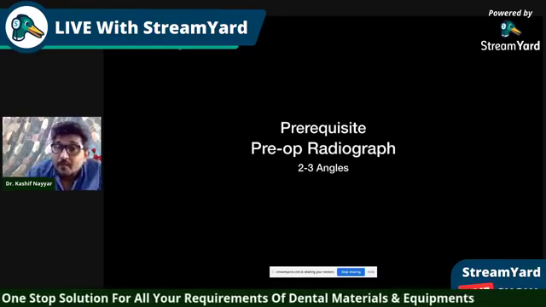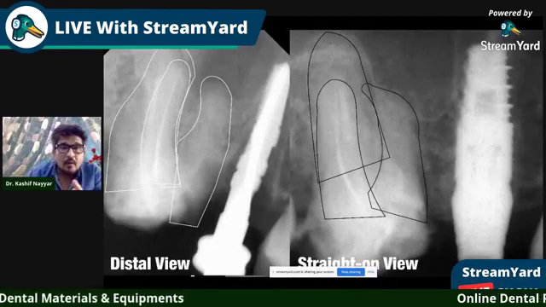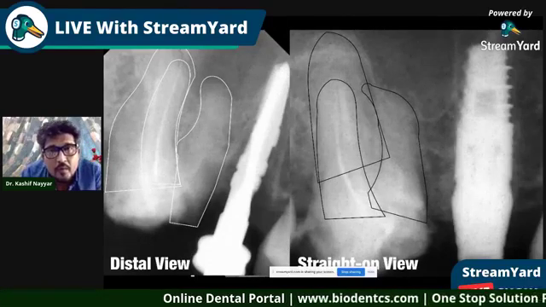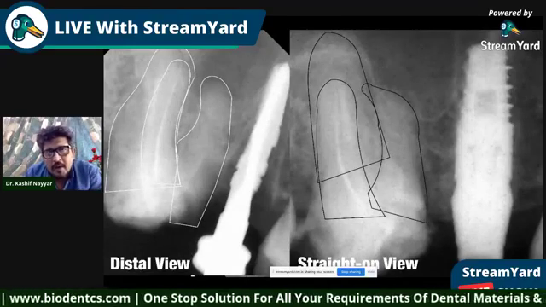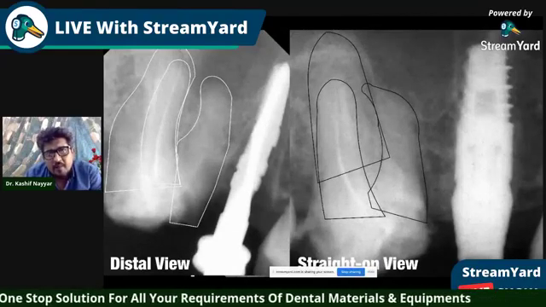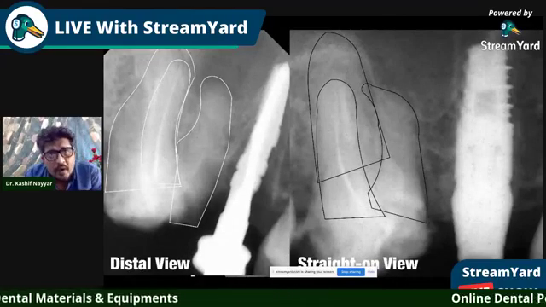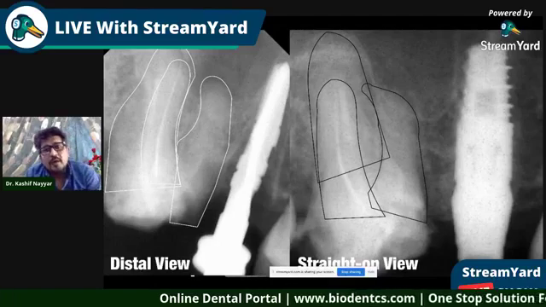So no doubt you need to have at least 2 x-rays, one from a mesial or distal shift, and one from the straight-on view. In these radiographs, you can sketch within your mind what the anatomy could look like. So it makes it easier for you to start your cleaning and shaping procedure and your access opening.